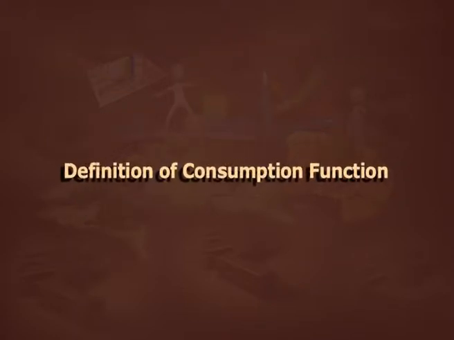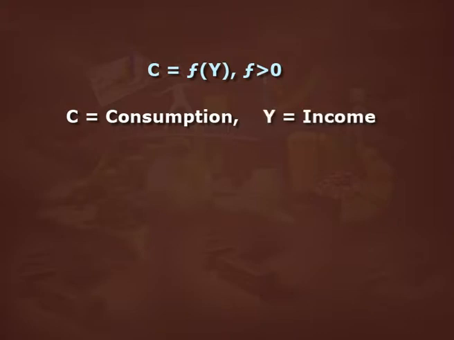Definition of consumption function. Consumption function is defined as the schedule detailing the relationship between aggregate consumption expenditure and gross national income. Therefore, C is equal to f(Y), f' is greater than 0, where C represents consumption and Y represents income.